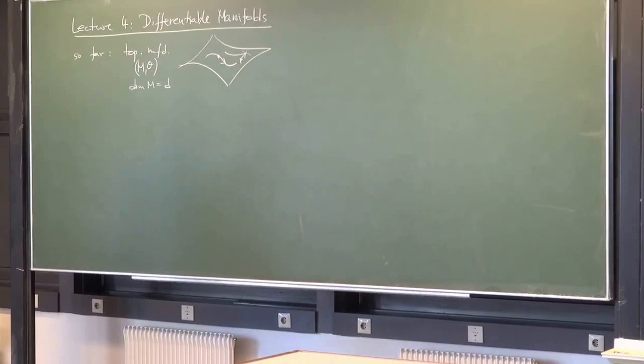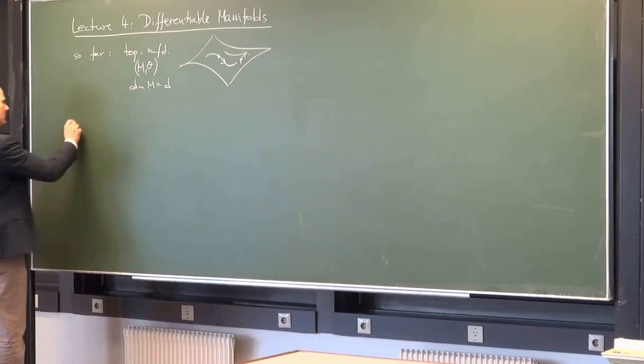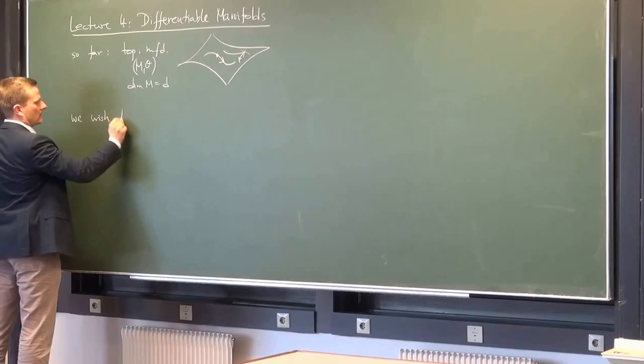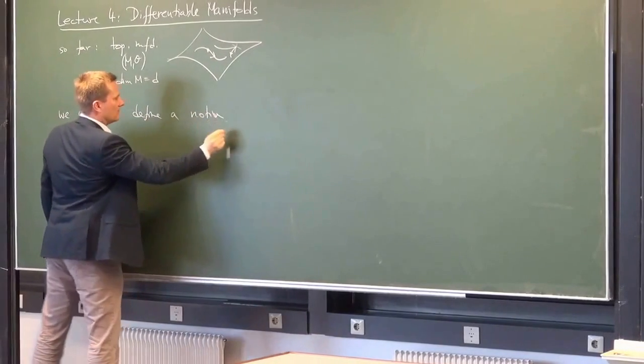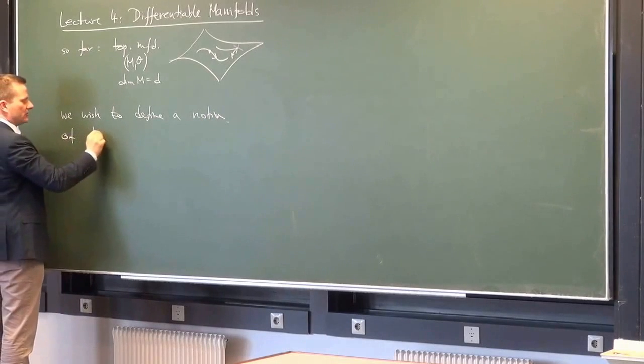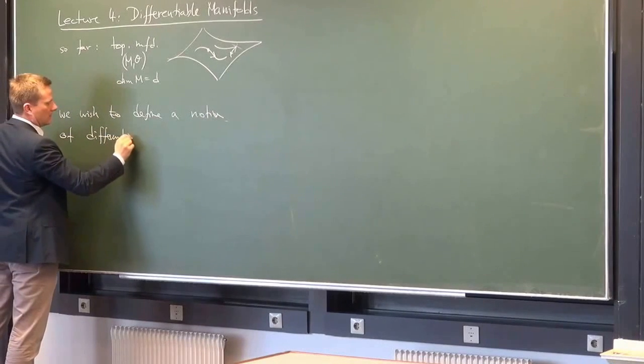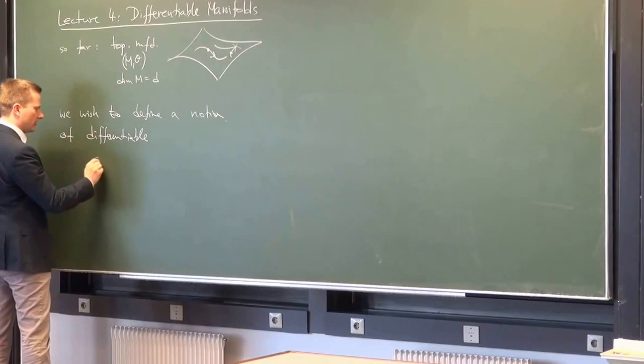Okay, so this lecture is about figuring out what structure we need to add on a topological manifold in order to start talking about differentiability of curves on a manifold, about differentiability of functions on a manifold, even about differentiability of maps from one manifold to another manifold. We will need all this. Okay, so we wish to define a notion of differentiable objects, more concretely curves.